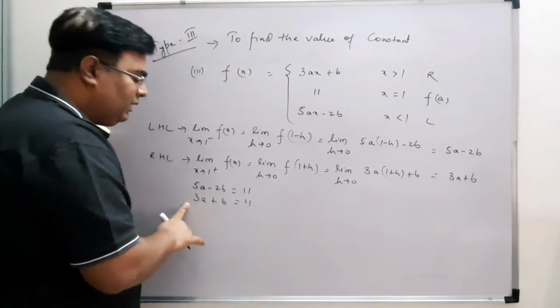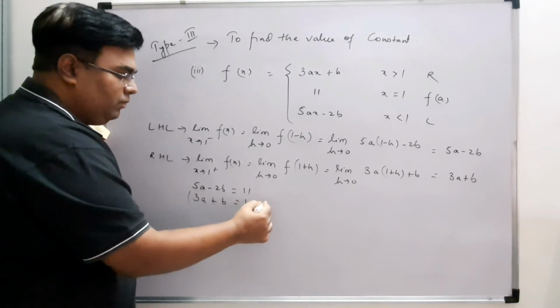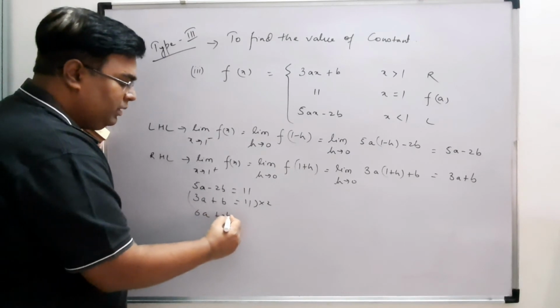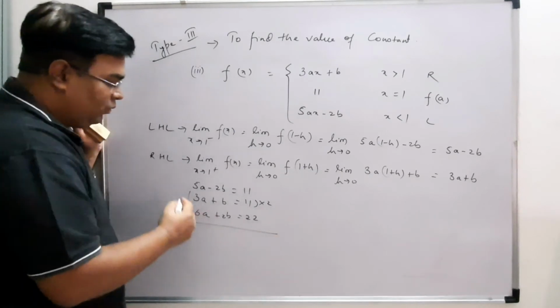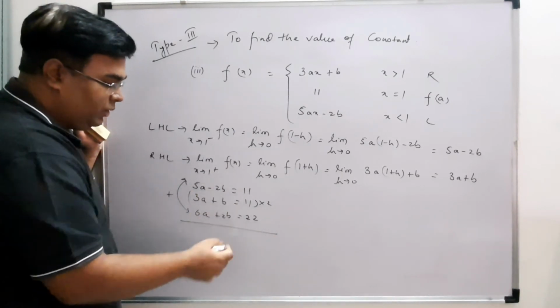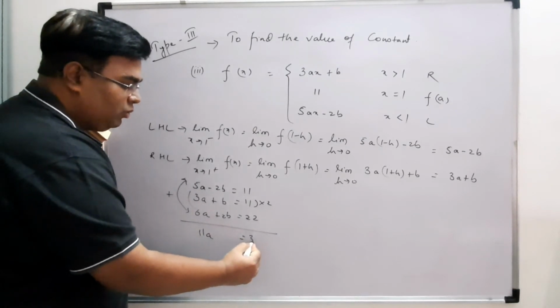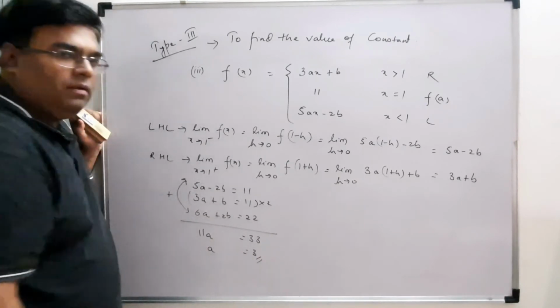Now solving it simultaneously, just multiply the second by 2, you will get 6a plus 2b is 22, and then if you add these two, this 2b will get cancelled. 11a will be equal to what? 33. So a is equal to 3.